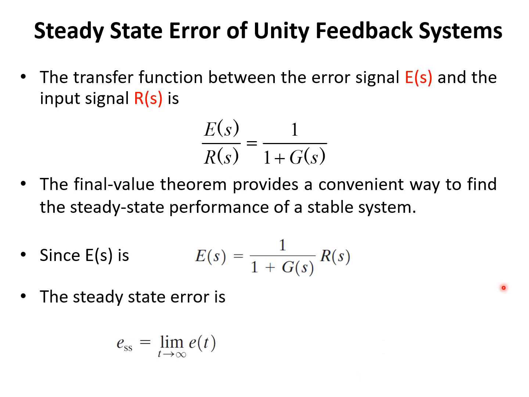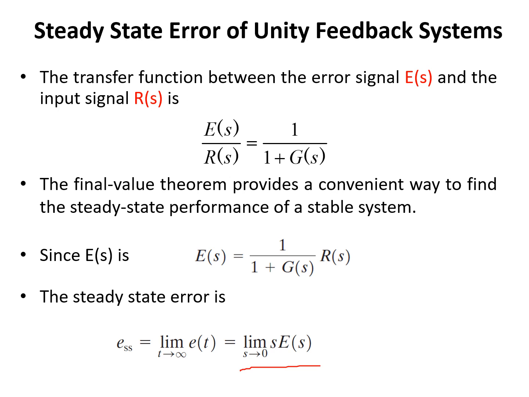So let's take the steady state error by using the final value theorem, which states that e_ss, that is steady state error, where e represents error and ss represents steady state. The steady state error is symbolically represented as e_ss, and this is equal to limit t tending to infinity of e(t). Now if I take this into the Laplace domain by applying the Laplace transform, I can write this expression as limit s tending to 0 of s into E(s).